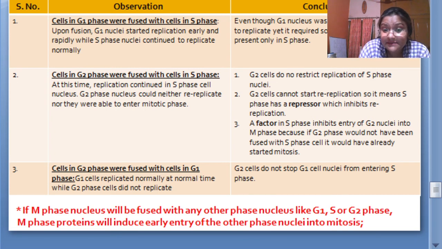Right? It doesn't matter in which stage they are. Like even if the cell is in G1 phase, it will make a very early entry. It will undergo S phase, G2 phase rapidly and then enter into M phase rapidly. So M phase cell nucleus has the power to induce early entry of other phase nucleus into mitosis.